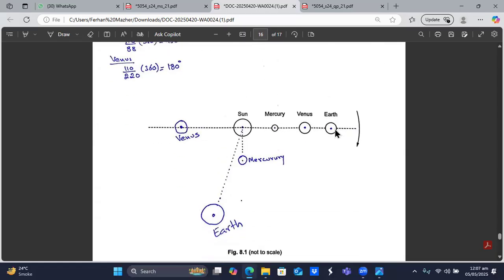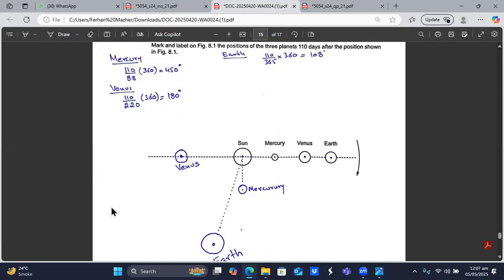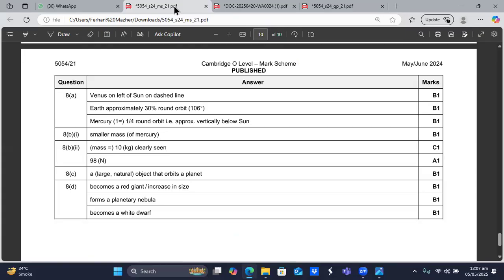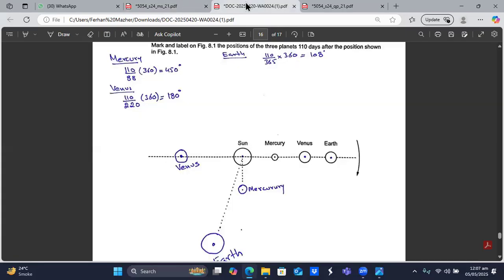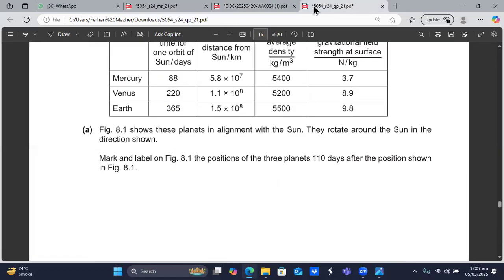Earth is originally here, so with the help of a protractor mark 108 degrees, and show the same distance here. This is how you show the positions of these planets around the Sun. We found the angle each planet has moved. I hope you understand this.